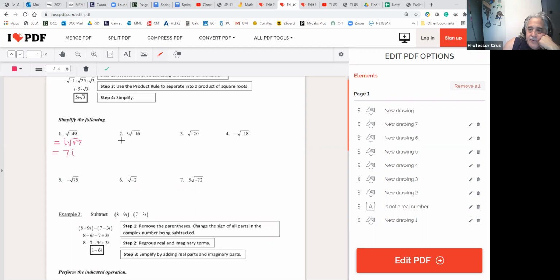So the negative sign comes out, and we got the square root of 16 left. The square root of 16 is 4. So that's 12i.